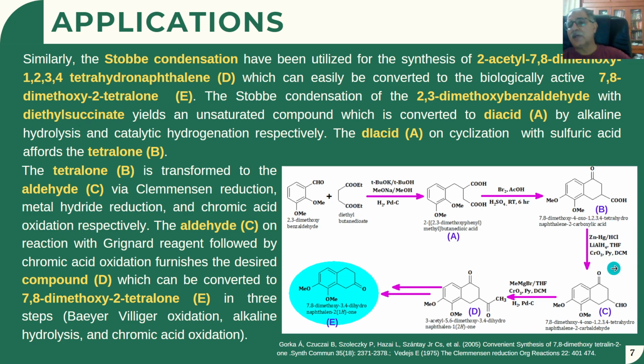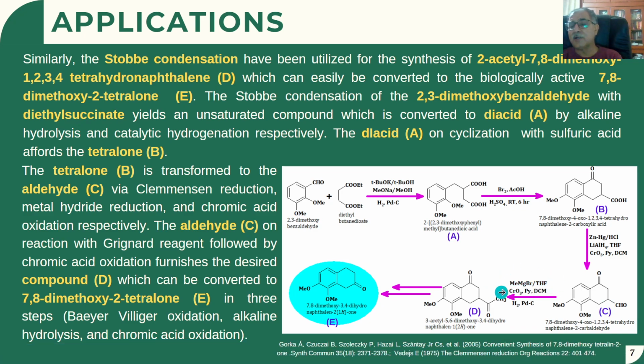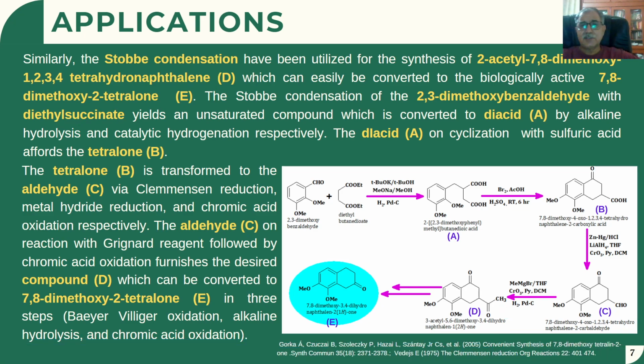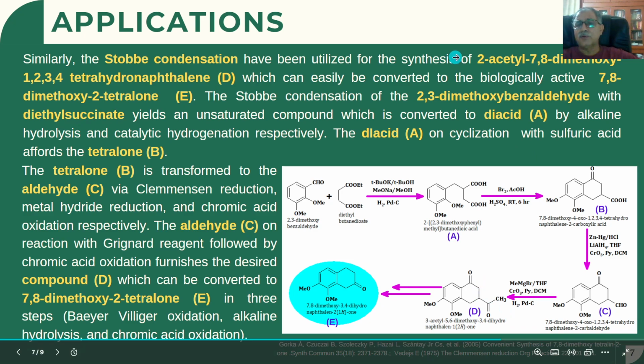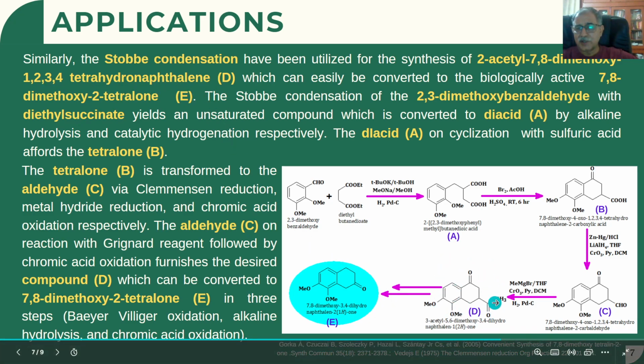These three steps will convert this carboxylic acid into the aldehyde group. Then this aldehyde group undergoes a Grignard reaction followed by chromic anhydride pyridine oxidation, and the aldehyde will be converted into this type of ketone. And this ketone, as I have told you, is the 2-acetyl 7,8-dimethoxy 1,2,3,4-tetrahydronaphthalene derivative.